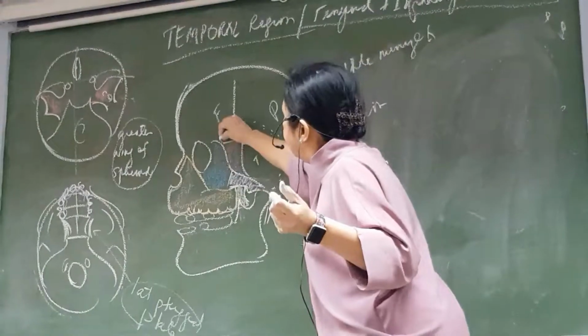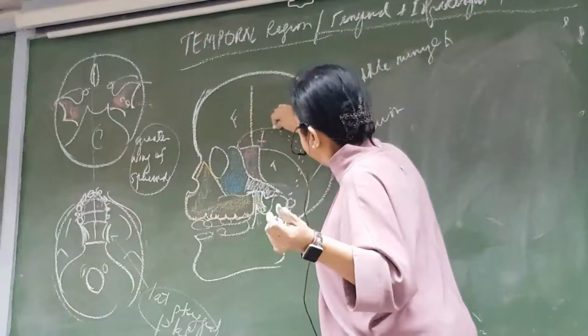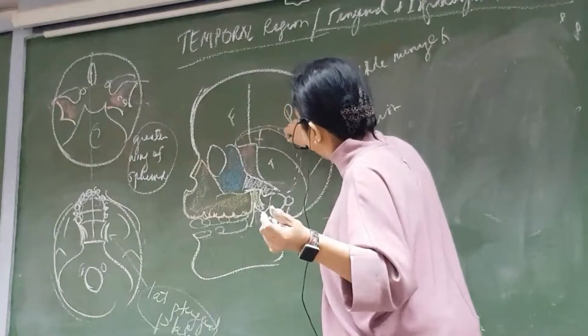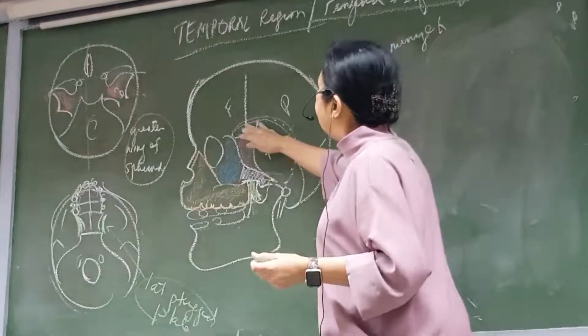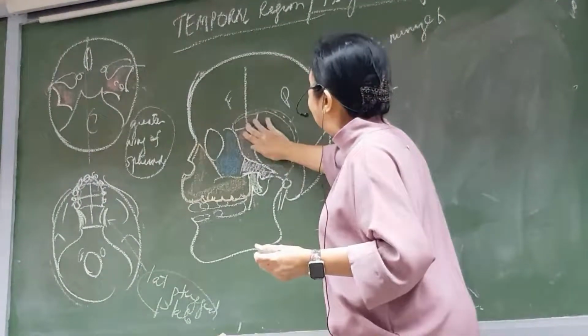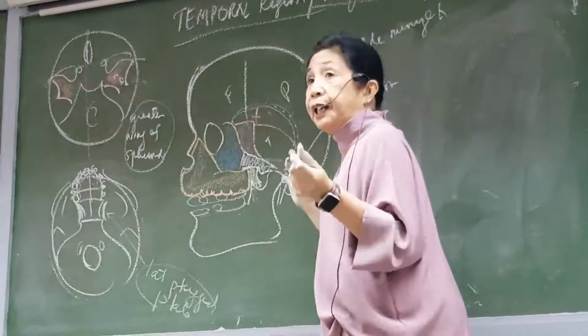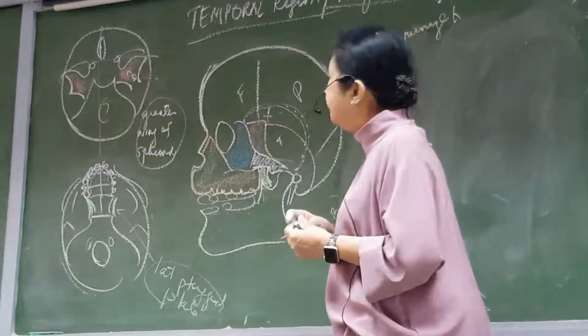So here, you find your temporal fossa. You find a single line passing through the frontal, parietal, then temporal. Then it splits. These are the superior and inferior temporal lines. And this forms the superior and posterior boundary of the temporal fossa. Even though it is called the temporal line, it passes through the frontal and the parietal.